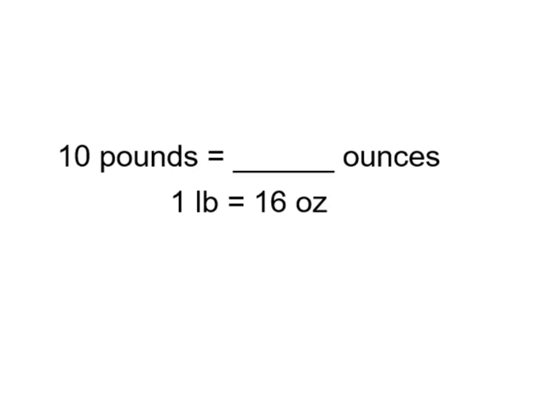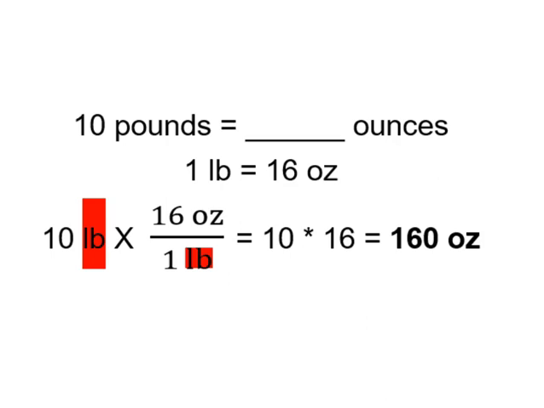10 pounds is equal to how many ounces? For our conversion, we are going to use 1 pound is equal to 16 ounces. When we set up our problem, we have 10 pounds times 16 ounces over 1 pound.